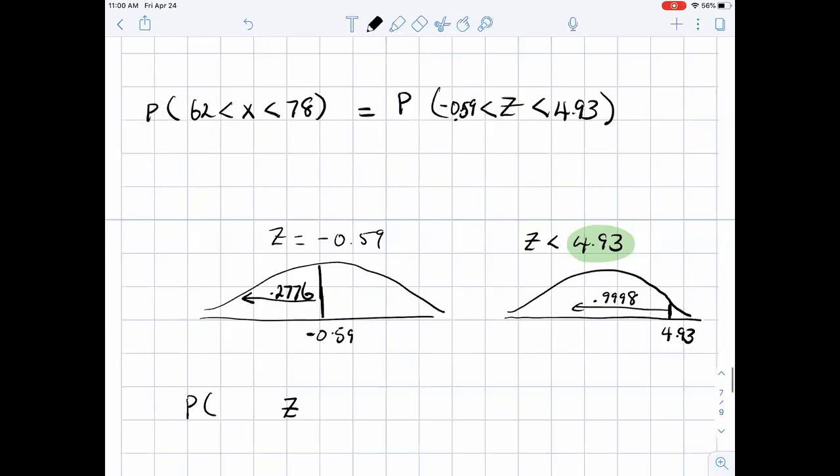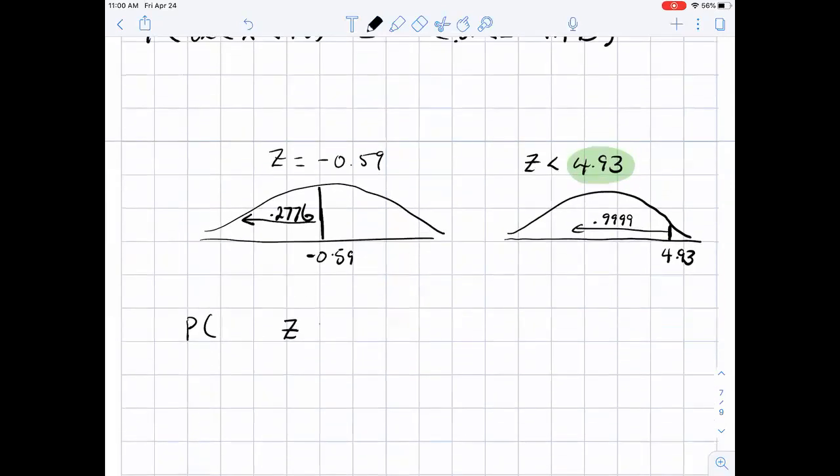I asked about 3.49. You guys are correct based on the table you're looking up. It's almost 1.